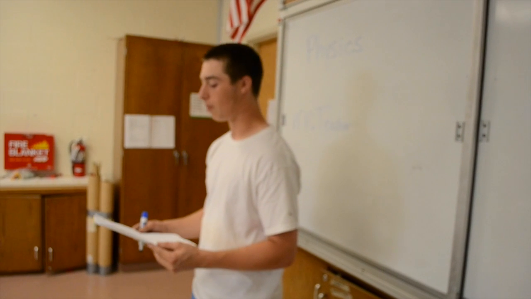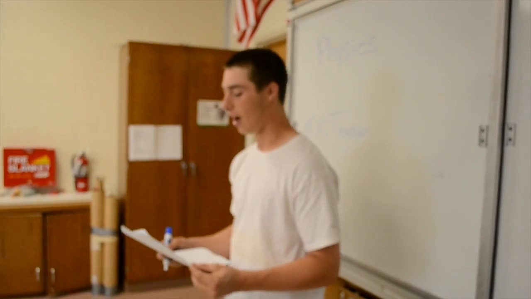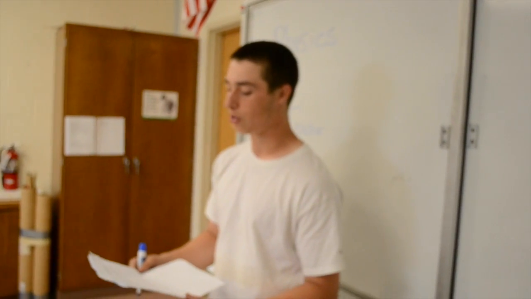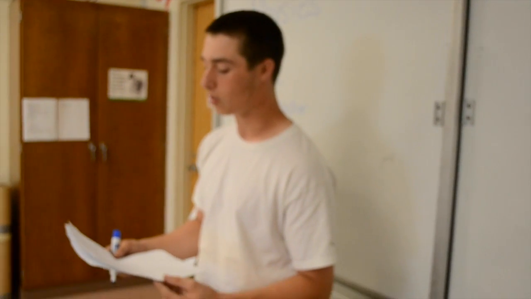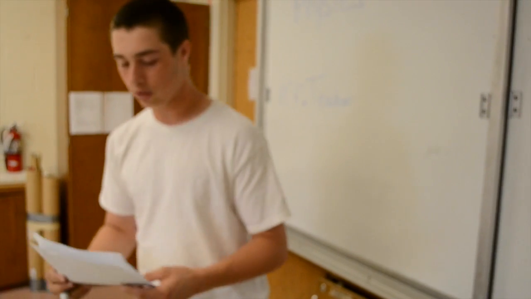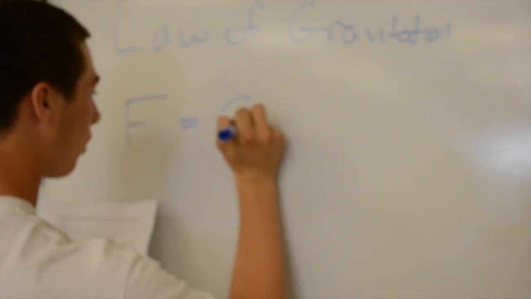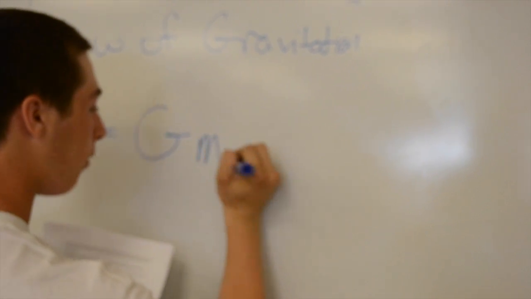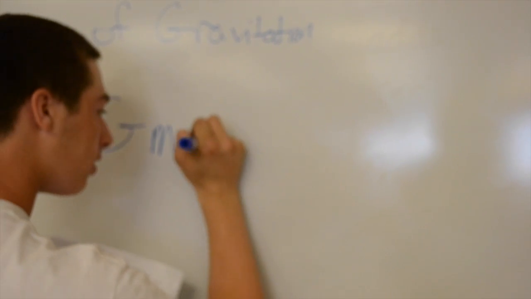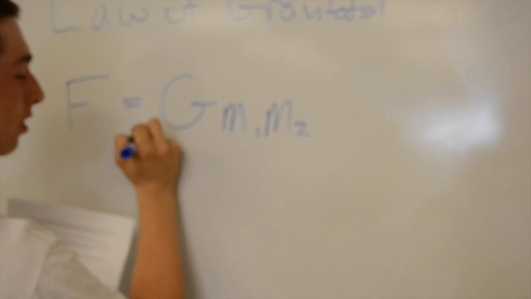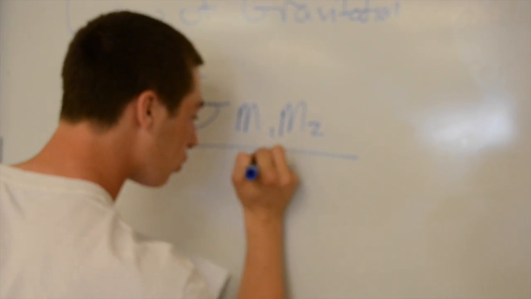Universal law of gravitation proposes that objects attract other objects with a force that is proportional to the product of their masses and inversely proportional to the square of the distance between them. The equation for this is force equals gravity times m1, the mass of the first object, times m2, the mass of the second object, divided by r squared.